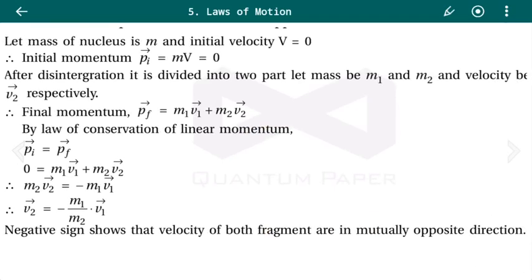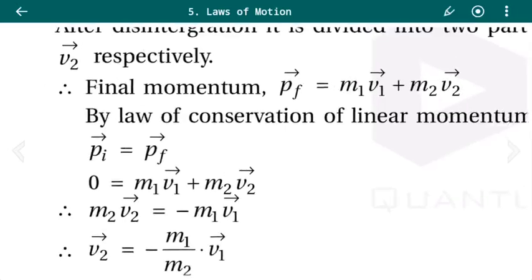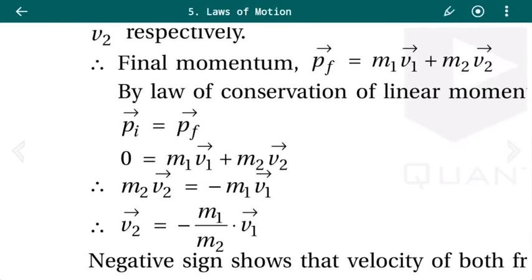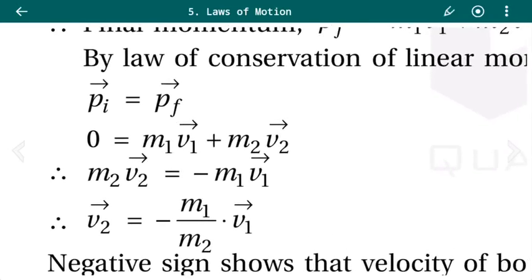And by law of conservation of linear momentum, we know that initial momentum equals the final momentum. Here initial momentum is 0, final momentum is m1v1 plus m2v2. Taking m1v1 on the other side, we can write m2v2 equals minus m1v1.